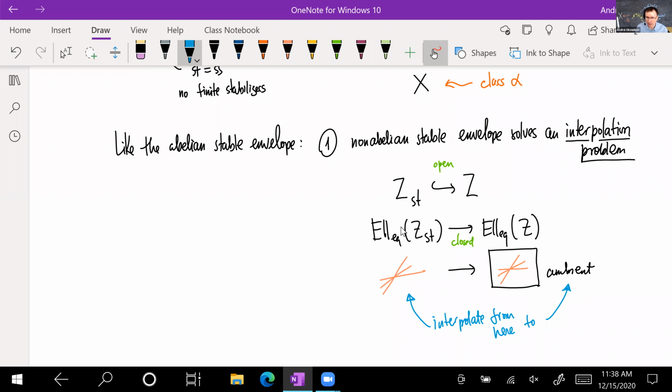So elliptic homology of Z minus Y, this would be closed. So this is my ambient thing, and then there's some other thing which I maybe draw some other way, it's enclosed, and then it has to vanish there.